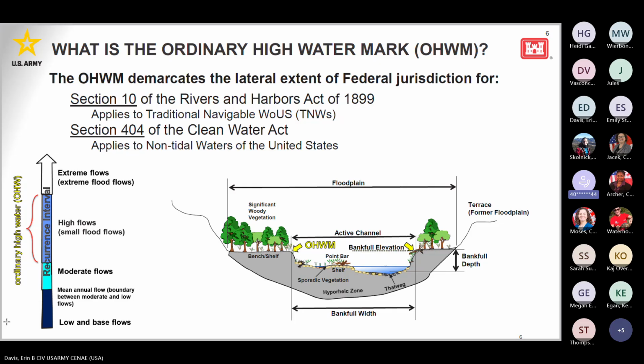We want to get out of the low and base flows, which are more actively seen out in the field, to potentially moderate flows. A lot of the easy indicators or knee-jerk indicators are at these low base and moderate flows. So we're going to be looking at high flows. Where does this ordinarily occur? And these are most of the indicators that are present within this manual.